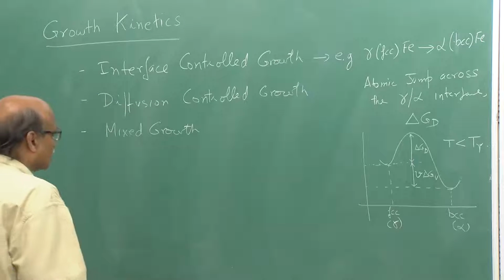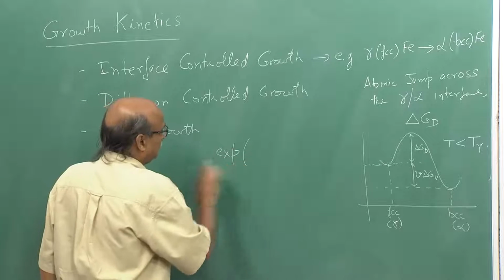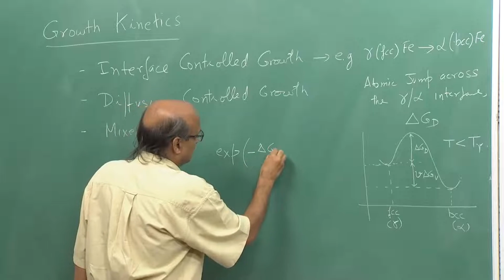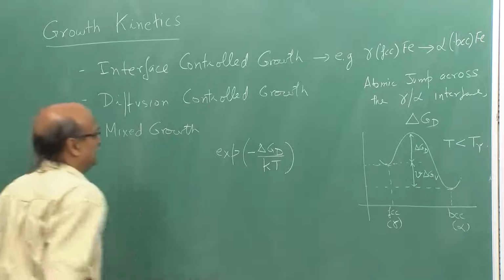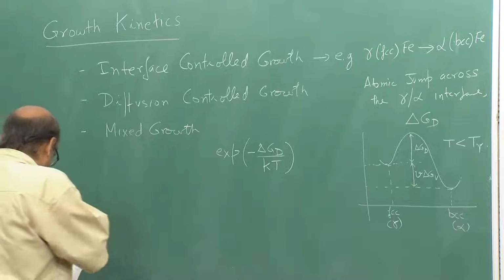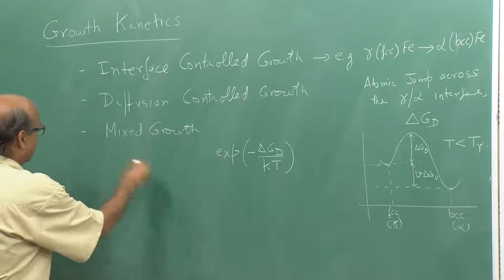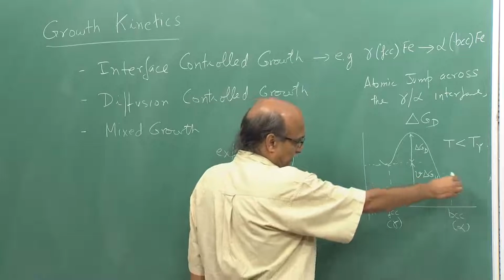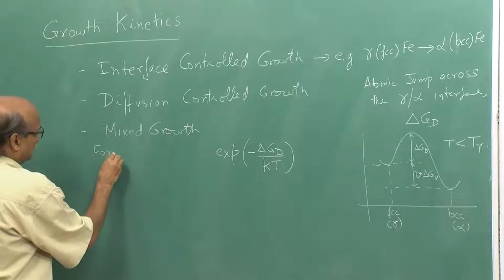Well, that also we have already seen, and that probability is simply exponential minus delta GD divided by KT. Now, I want to find out the overall forward rate. Forward rate means atoms jumping from FCC side to the BCC side. So, I will call that the forward rate.